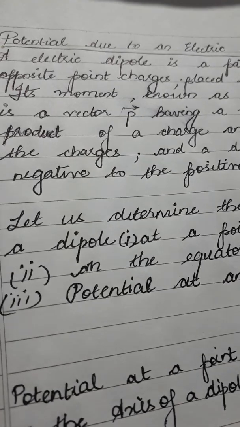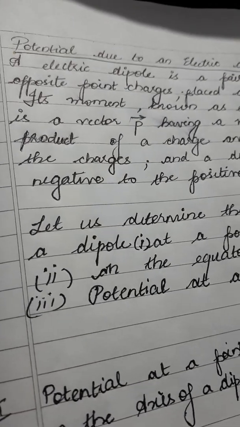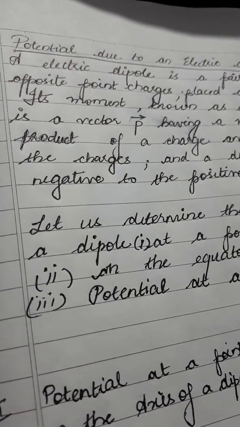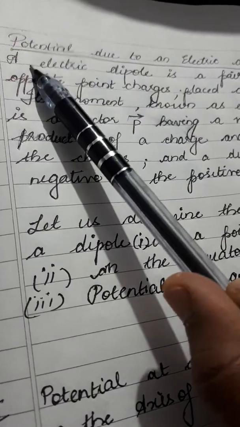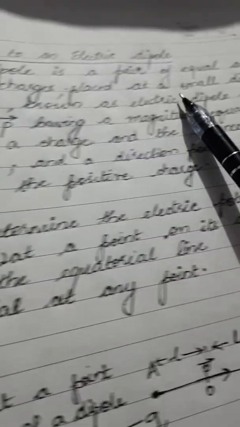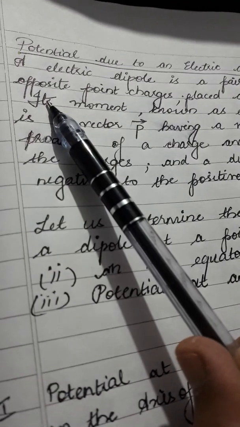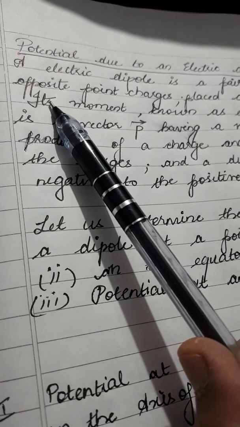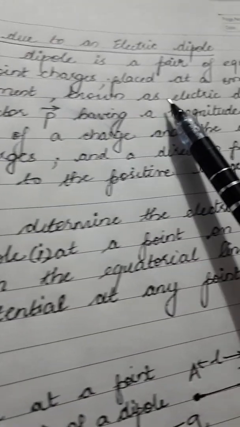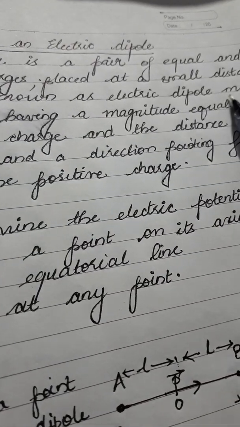Therefore, if we define a dipole, an electric dipole is a pair of equal and opposite point charges placed at a small distance of 2L.